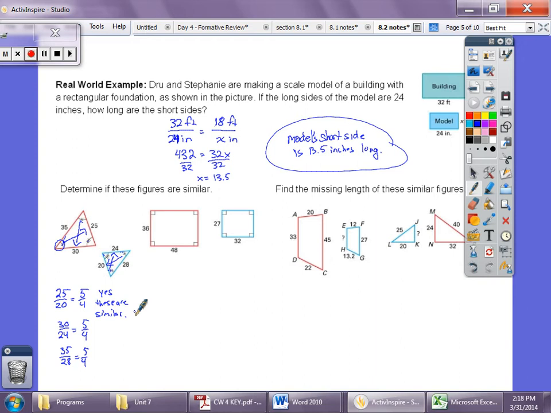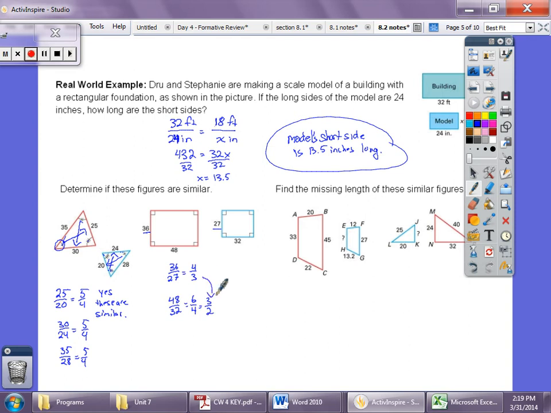Now if we look at the next one, all the angles are 90 degrees, so they're all congruent to each other. And then when we look at this, 36 to 27 is 4 over 3, and 48 over 32, if you divide by 8, you get 6 over 4, which gives us 3 over 2.